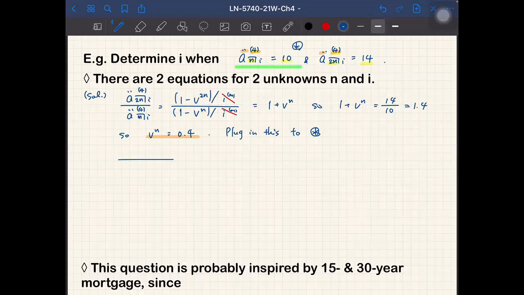By formula, 1 minus 0.4, that is 1 minus v to the power n, over d superscript 4, is equal to 10.